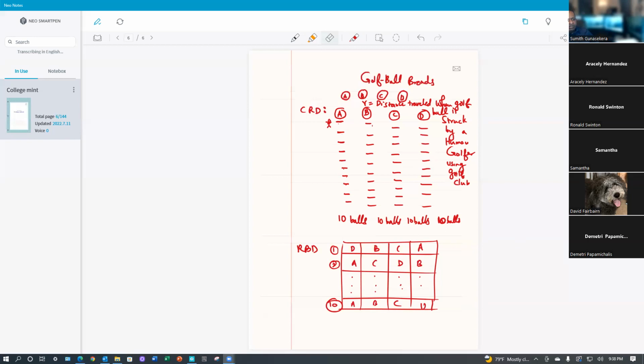What is the advantage? We can use a smaller number of golfers, in that way they get a chance to strike the golf ball for all the brands. The same person is utilized to get this done. In that way, here we have 10 golfers, while here you can use 40 golfers.